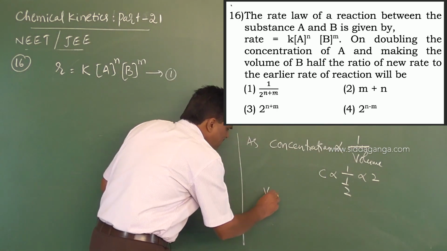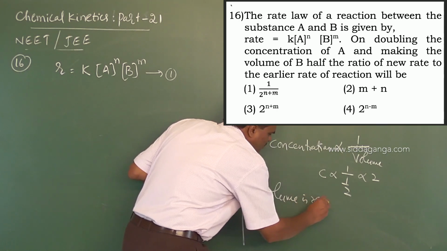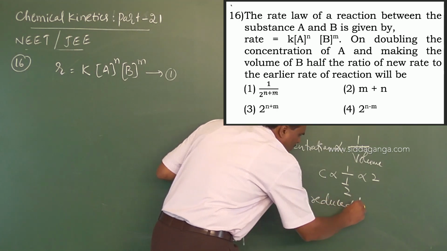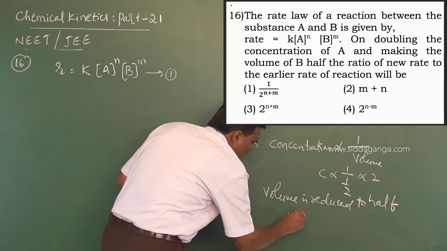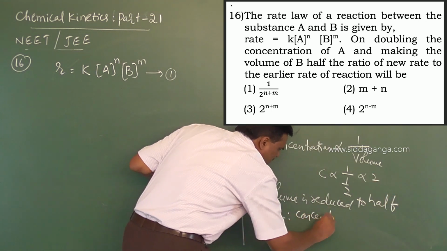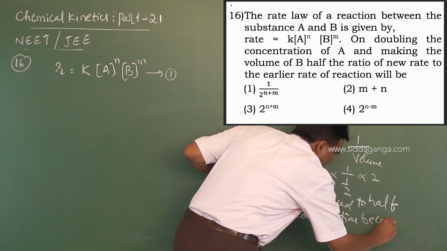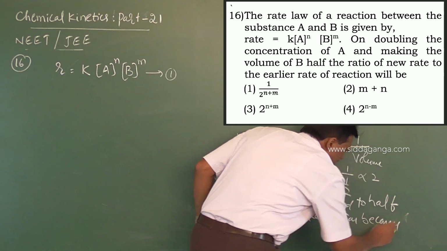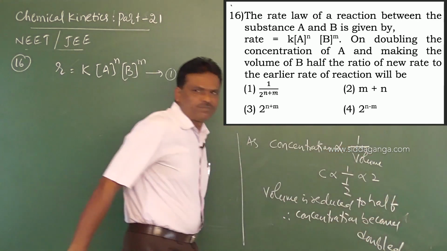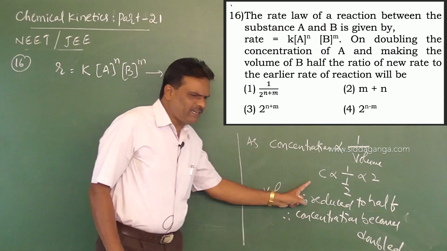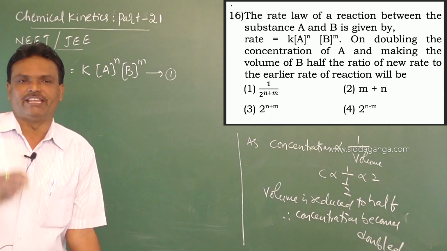Volume is reduced to half, therefore concentration becomes doubled. So look at this statement: volume and concentration vary inversely.